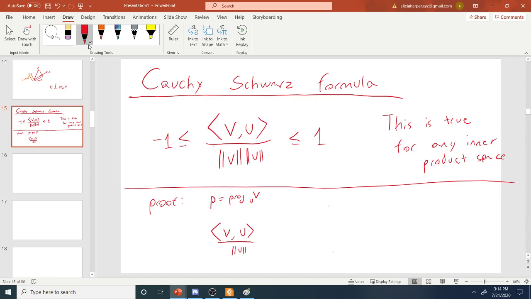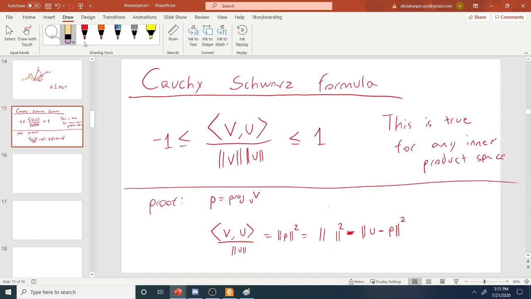This right here is in fact the same thing as the norm of p squared, which is by the Pythagorean theorem equal to the norm of v squared minus the norm of v minus p squared.